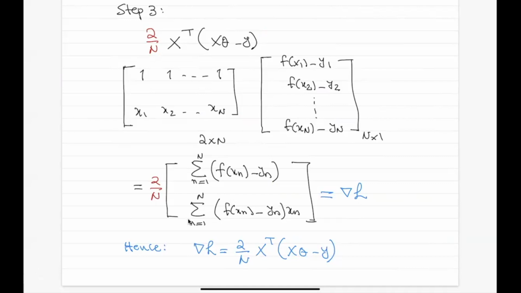Now we go to the next and final step here. So we have this X theta minus y, which is the vector of all residuals. And then, if you remember, originally we had this matrix X, which was of size n by 2.